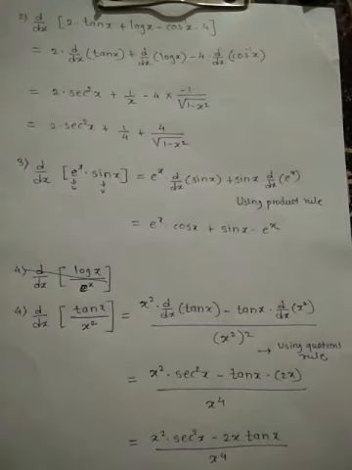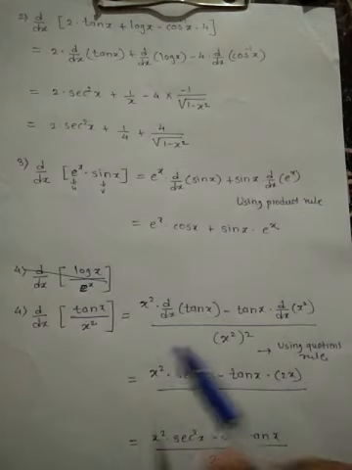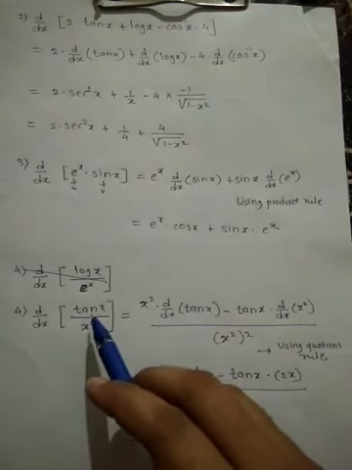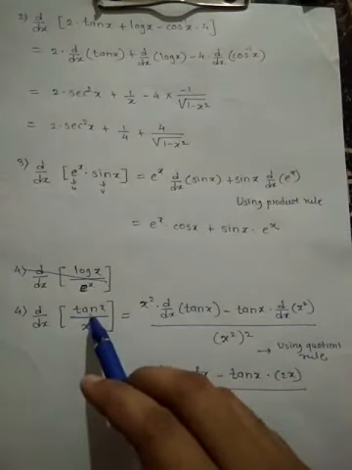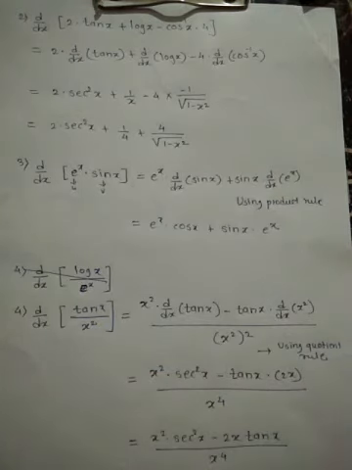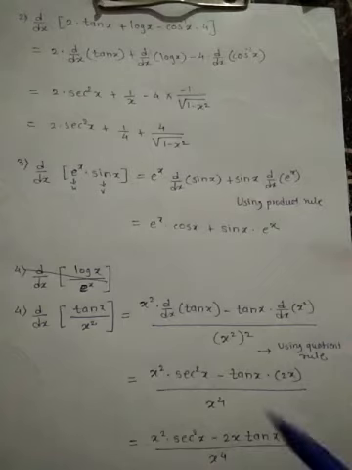Now the last problem, derivative of tan x upon x square. Here we observe the division of two functions, that is tan x divided by x square. Therefore we have to use the quotient rule. What is the quotient rule?